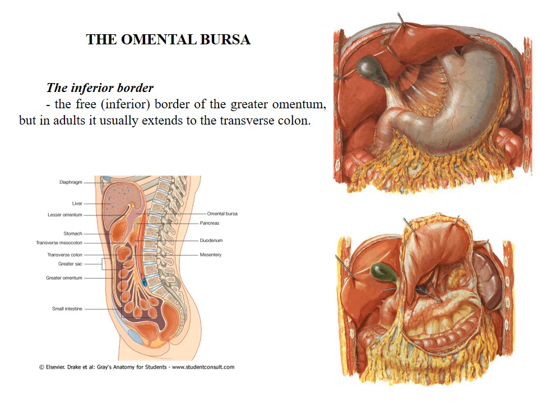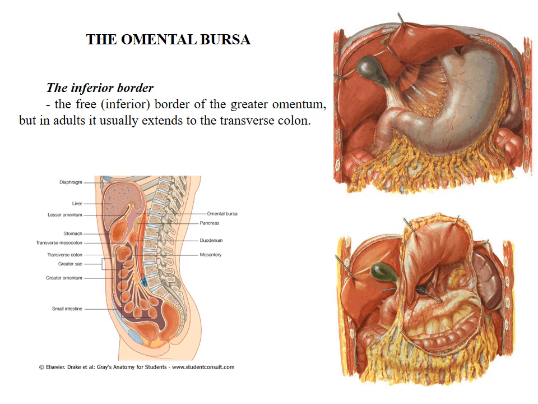The inferior border is usually the place for the attachment of the gastrocolic ligament to the transverse colon, but developmentally it is the inferior border of the lesser omentum.